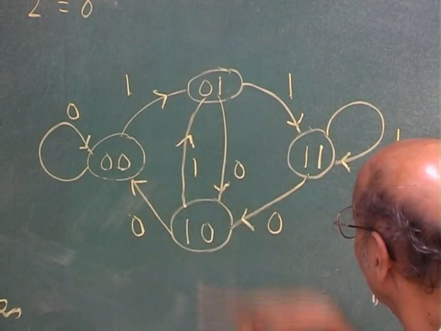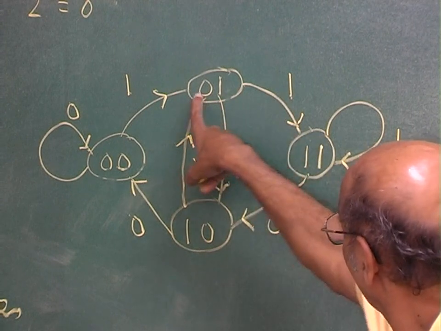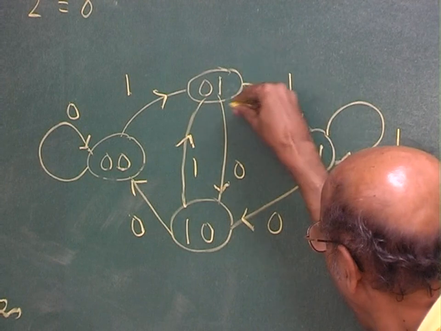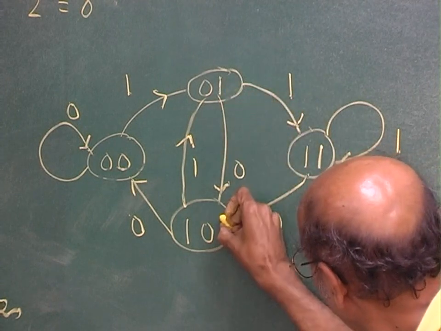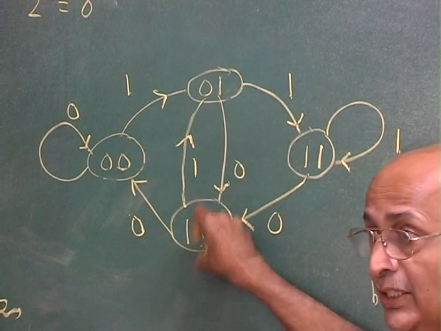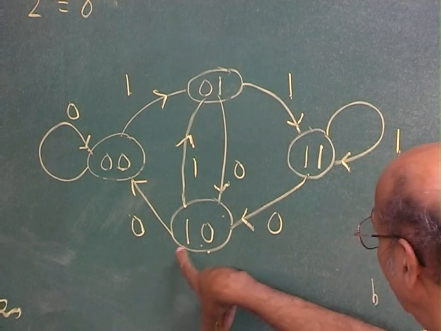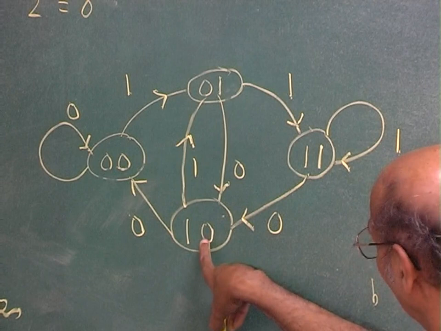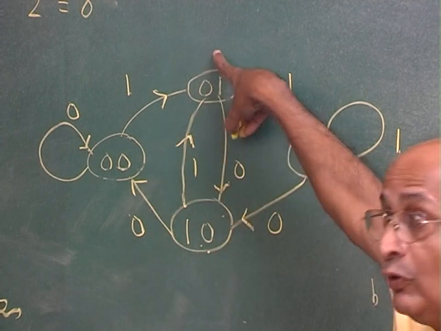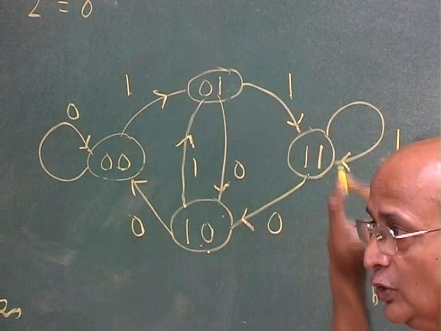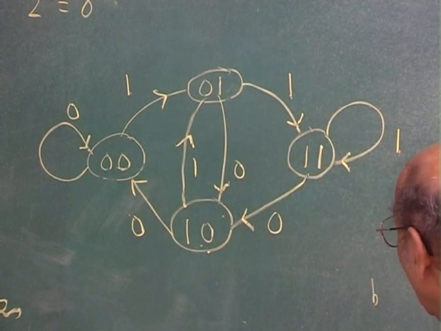If you drop that 0, adjoin 0 on the right, then it becomes 1, 0, and that's why you get to this vertex. Whereas if you drop that left 1 and adjoin 1 on the right, then what you get is 0, 1, therefore you are back there. So that is the way this picture is drawn.